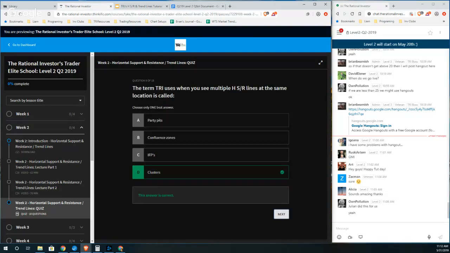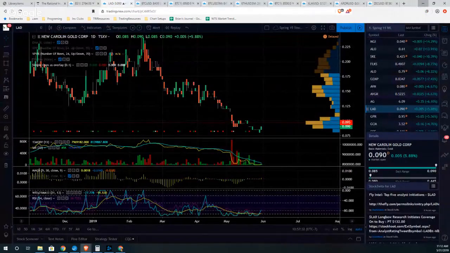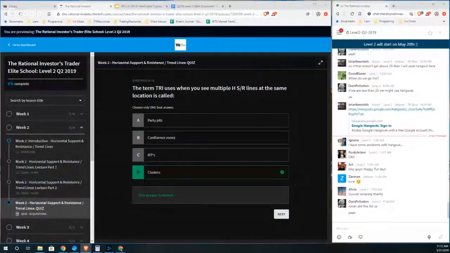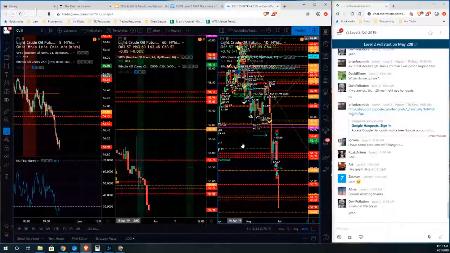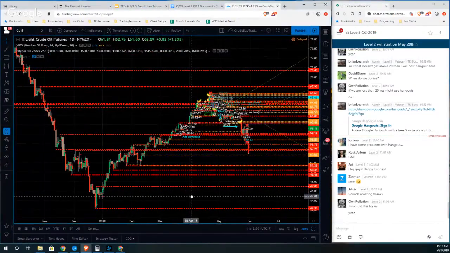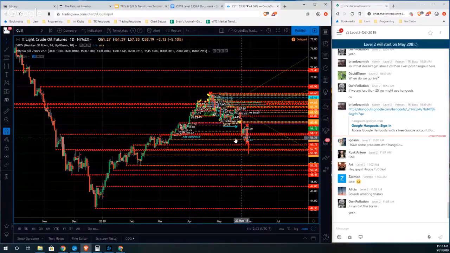And actually, it's really interesting because I'm running a crude oil day trading model. And even with today's price action, we had a really good example of how horizontal support and resistance came right into clusters here. So this is the crude oil chart, and you can see all the horizontal support and resistance levels.